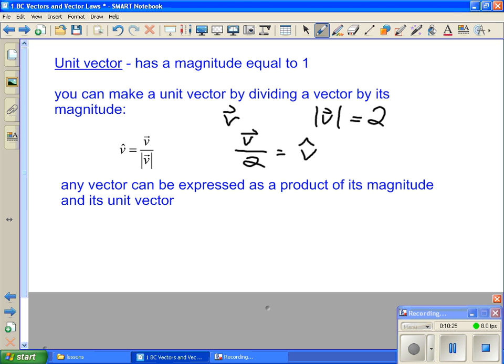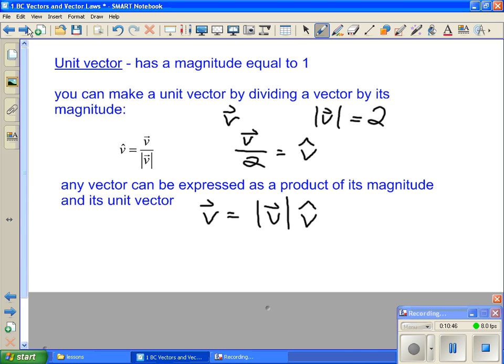So any vector can be expressed as a product of its magnitude and its unit vector. So our vector v can be thought of as having magnitude |v| and direction v hat.